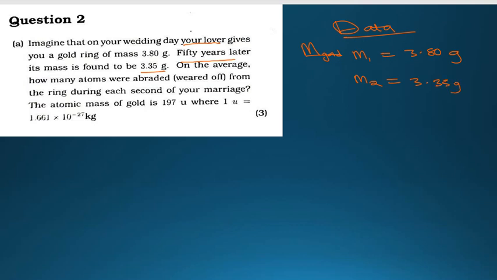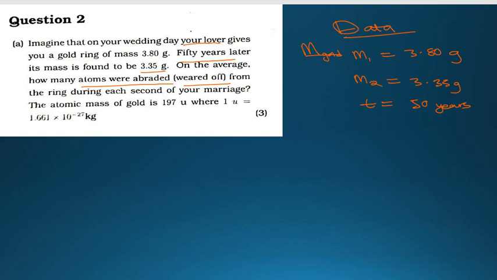Now the question is on the average. Let's consider the period, 50 years. On the average, how many atoms were abraded or worn off from the ring during each second of your marriage?